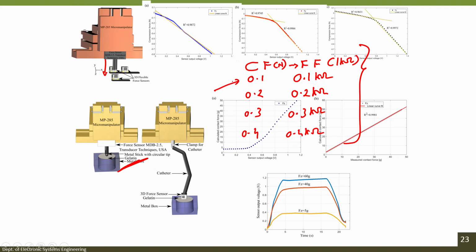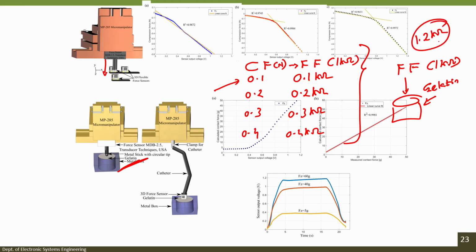This much is easy. Now, what I am doing is, I have a fabricated force sensor with 1 kilo ohm base resistance, and I am applying a force onto a gelatin. Right, gelatin is a phantom tissue. When I apply a certain force, I see that my sensor is showing 1.2 kilo ohm.